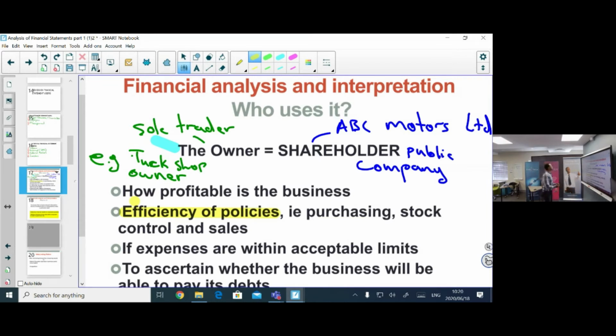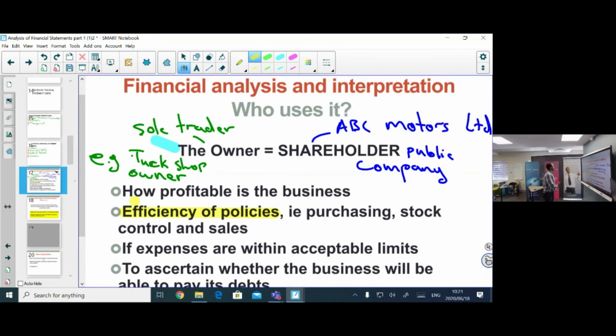Like for instance, policies on how they depreciate their assets, what kind of method do they use to depreciate their assets? Do they use the straight line method or diminishing balance or a unit method?